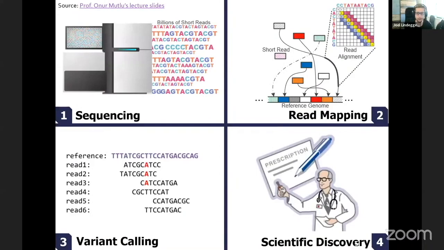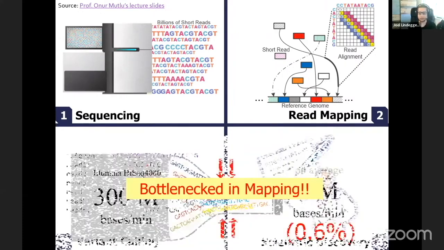Now, when you look at the entire pipeline here, we start with some physical steps. So this is a sequencing machine in top left. Then we would usually do a read mapping and variant calling, which are both computational steps. And finally, we can look at the results of variant calling for scientific discovery or maybe medical decisions. Now, this entire pipeline, it turns out, is bottlenecked in mapping.